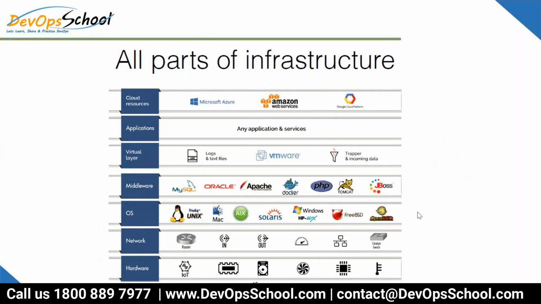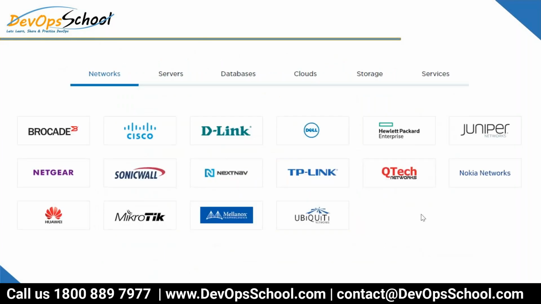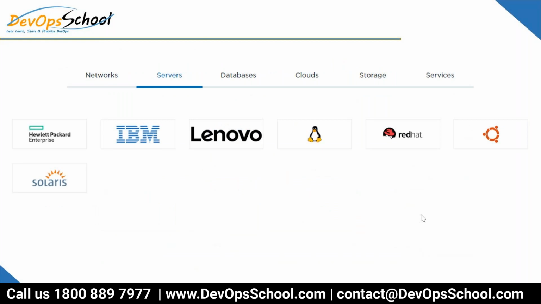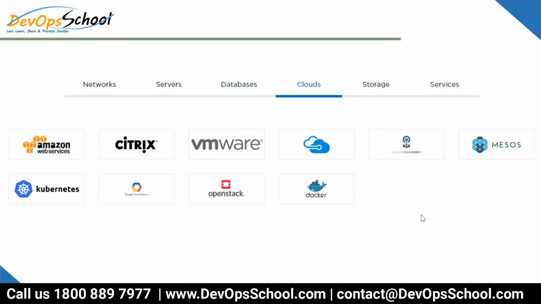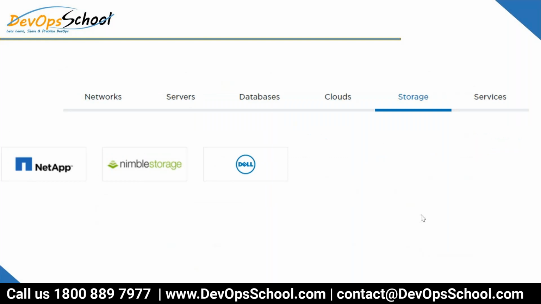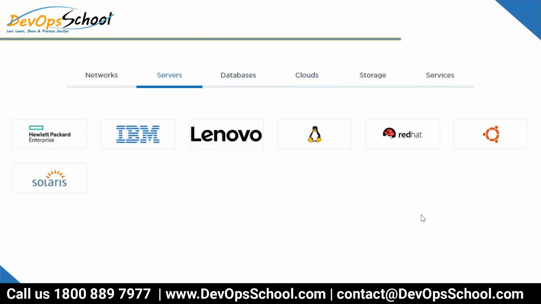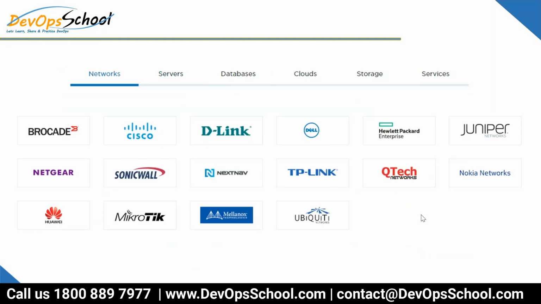All parts of infrastructure are managed by Zabbix. These are the network supported servers, databases, clouds, storage technology and services. Everywhere Zabbix can help you in terms of infrastructure monitoring.